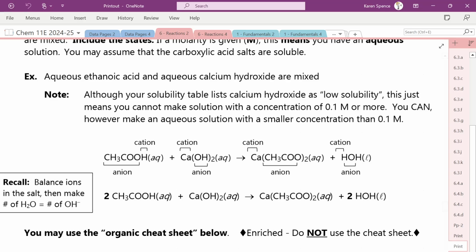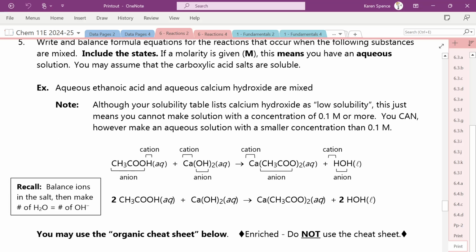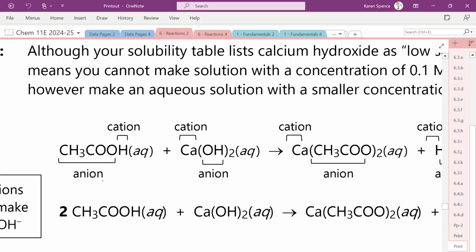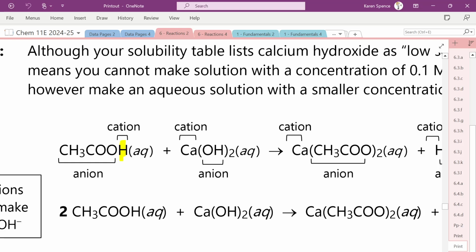Okay. So let's say, for example, here we have acetic acid. And when you have one of these organic acids, the hydrogen is at the end and it is positive. So this is H plus.